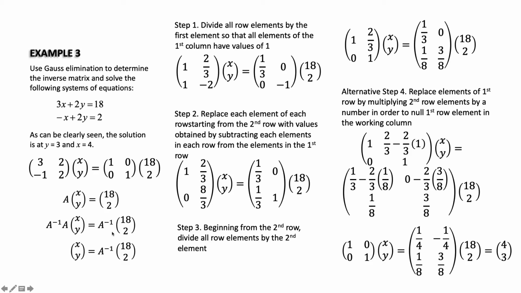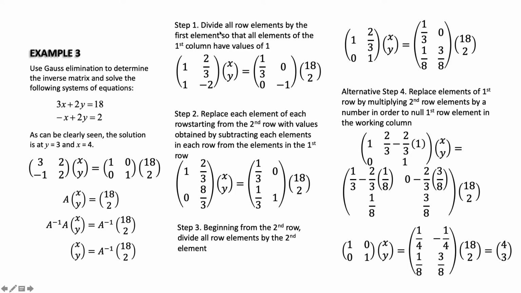Okay, and this is your inverse matrix. So what we've done here is to put A on the other side of the equation. And what that does is to convert A into the inverse of A. So our objective is to make this a unit matrix or an identity matrix, and whatever happens here is our inverse matrix.